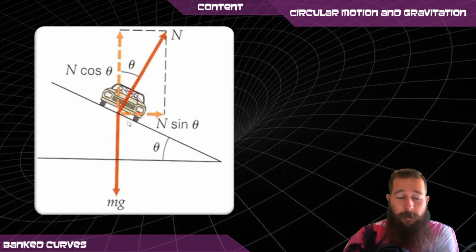So using trigonometry, we can see that the horizontal force here is the normal force sine theta, and this is the vertical component of the normal force, and it's the normal force times cos theta. Using geometrical relationships in angles, the angle of the banked track is the same as the angle between the normal force and its vertical component. So this is theta in here.